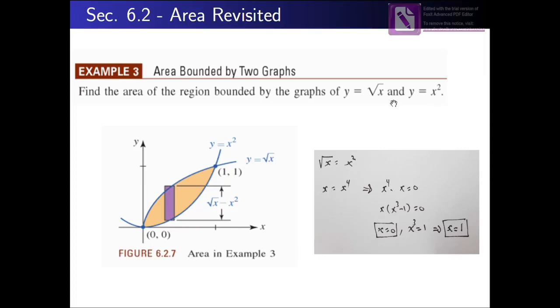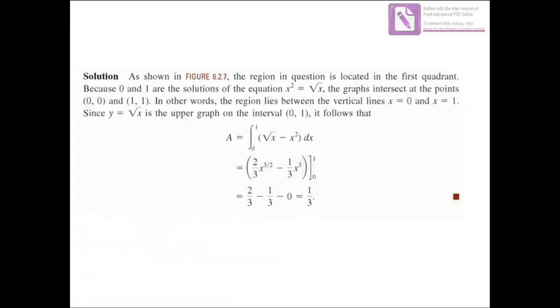Which one is greater, half squared or square root of half? You will find that square root of half is greater than half squared. So that's why you will know that root of x is greater than x squared, and you will take root of x minus x squared.